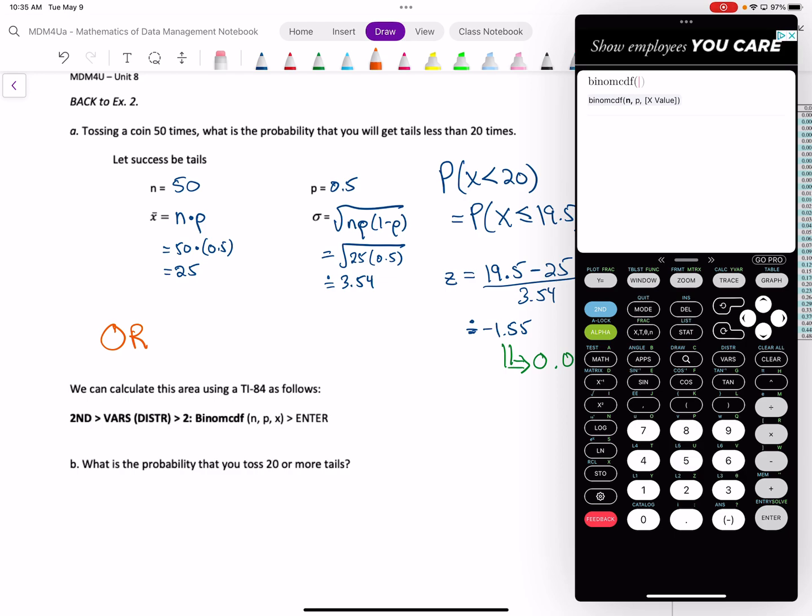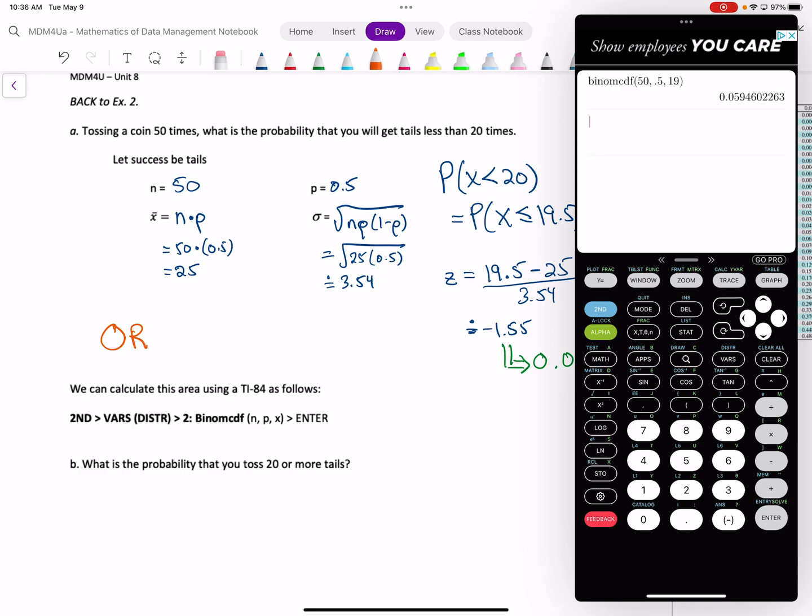On this calculator, I have to type in, yours will ask you what's the number of trials. So here I'm going to put 50, and then I have to put comma. What's my probability of success? 0.5. And then what's my x value? Because it's less than 20, I put 19. So what this is going to do is calculate all of the binomials from 0 through to 19. And you press enter, and we should get a number that's really close to what we had from the z-score table.